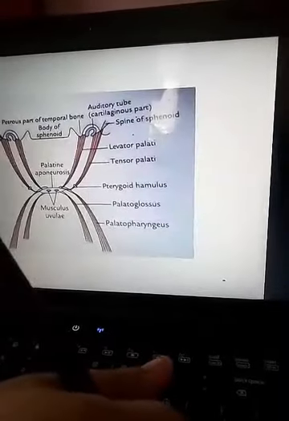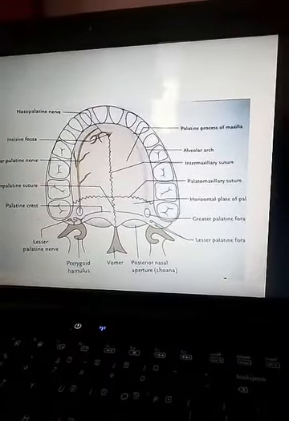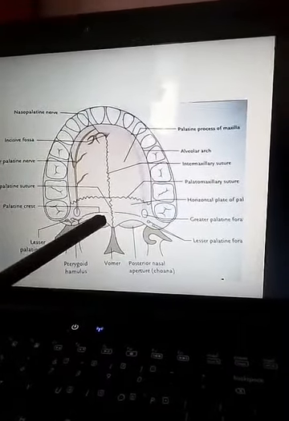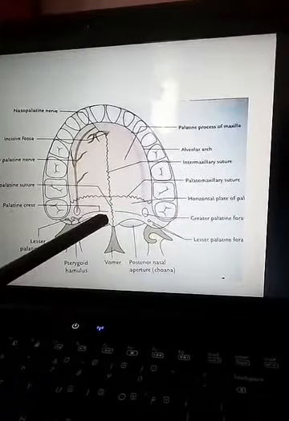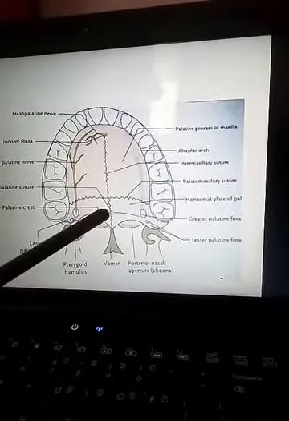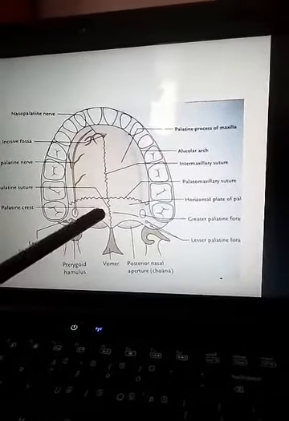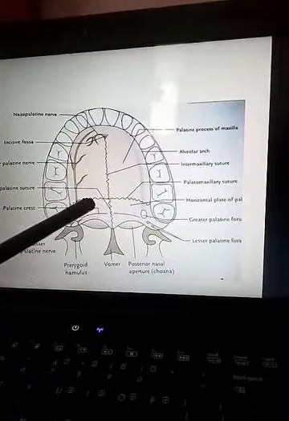After hard palate we have the soft palate. The soft palate is a mobile muscular flap which hangs from the posterior border of the hard palate into the pharyngeal cavity like a curtain. It separates the nasopharynx from oropharynx.